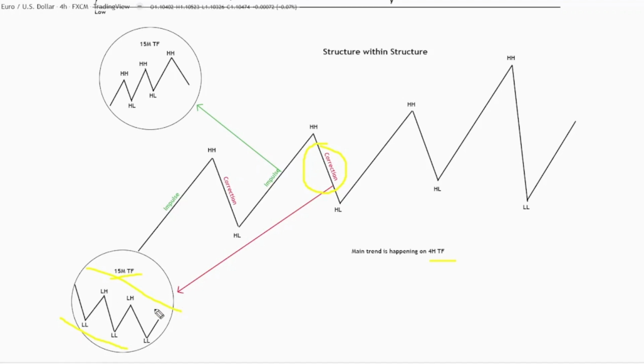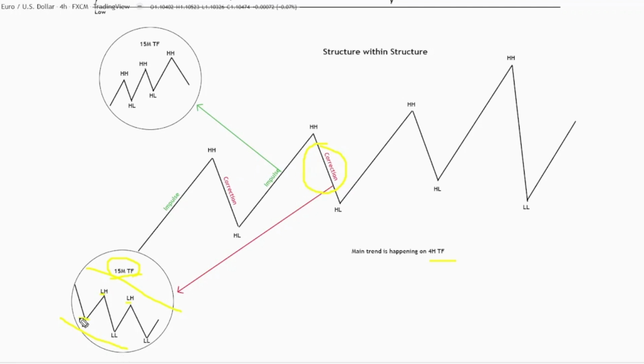And many people get caught because they look at the market on a smaller time frame, and in a smaller time frame they will think that the market is now in a bearish market structure just because they are looking on the correction side of that market.